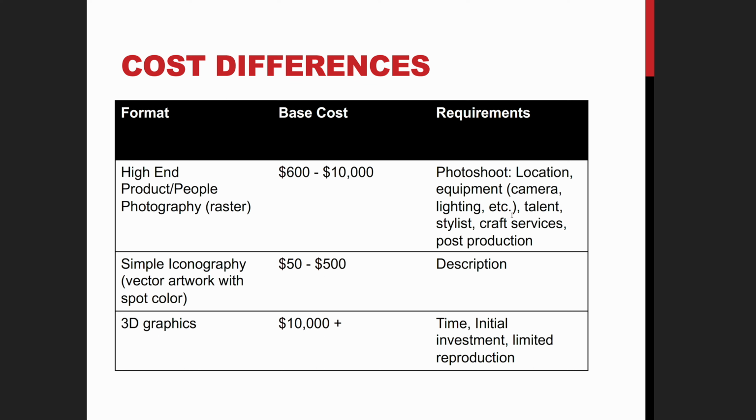So you're either going to go purchase that picture, but more than likely you're going to want somebody to come out and take a picture of that specific equipment or that specific product or person or whatever it is. You want them to come out and take it. So that could be from like $600 to hire a photographer to come out and shoot it to over 10 grand or more.